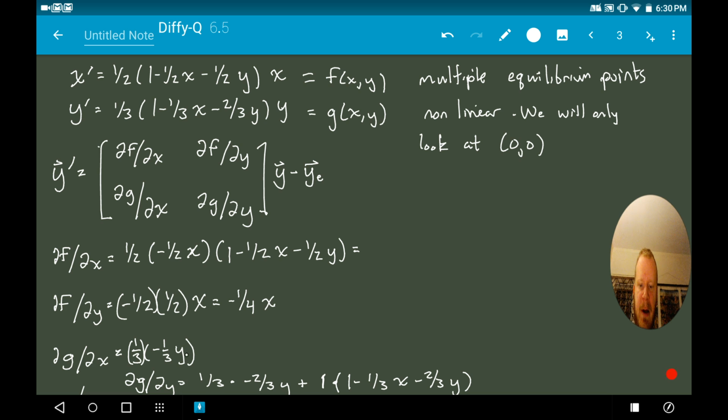So when we evaluate these pieces at 0, 0, this one is equal to 1/2. This one's equal to 0. Evaluated at the equilibrium, this one's going to be 0, and evaluated at the equilibrium, this one's going to be 1/4.